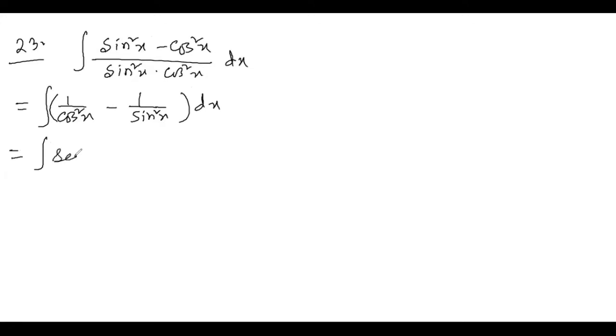I think all of you can do this sum. You know the integration formula: sec square x integration is tan x, cosec square x integration is minus cot x. So minus minus plus cot x plus c.